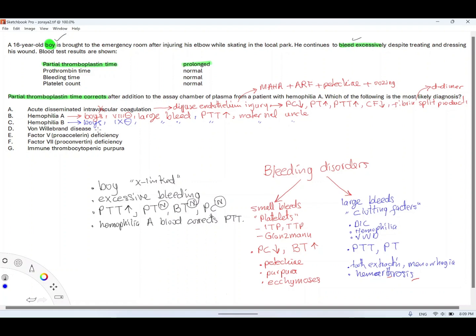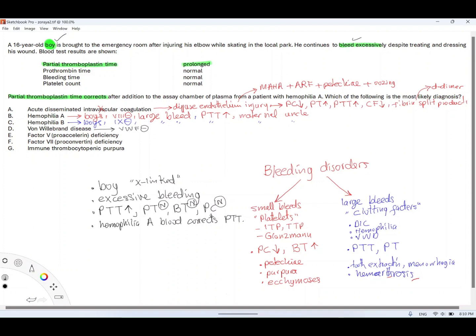And VWF, von Willebrand disease. Von Willebrand disease, the cause of it is von Willebrand factor deficiency. Now this is a large molecule, large protein. This protein actually carries factor 8 and prevents factor 8 from clotting.